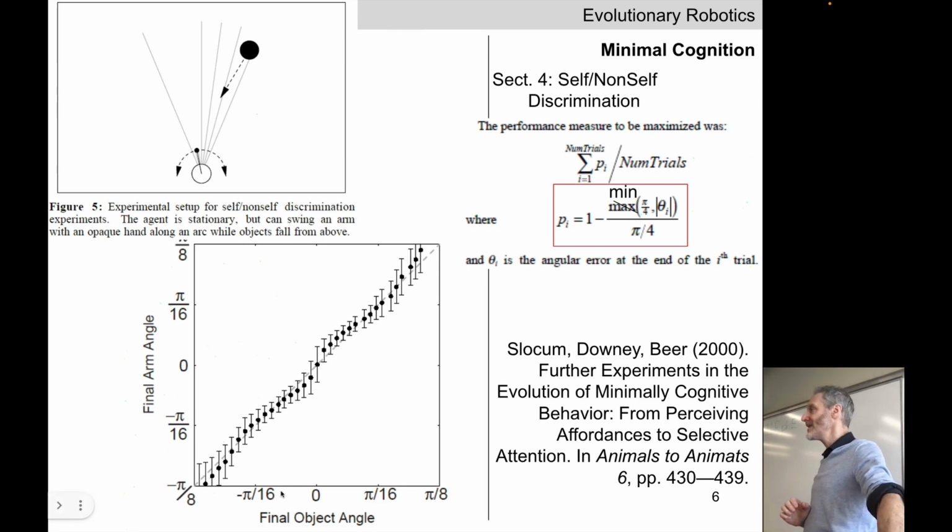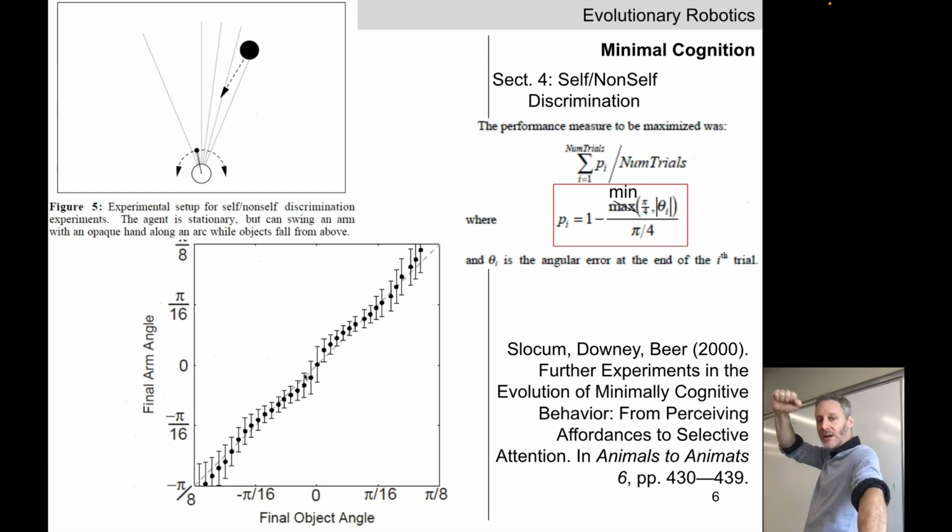Which is reported down here. So on the horizontal axis here, this represents a whole bunch of different environments in which the final object hit minus pi over 8 radians above and to the left of the robot, or plus pi over 8 radians to the right of the robot, or the object hit this semicircular dashed line directly above the robot.